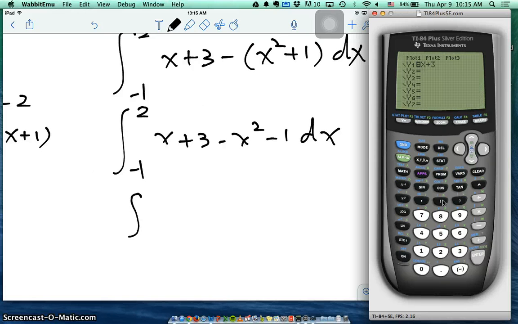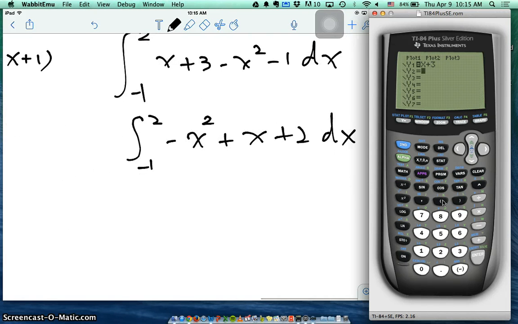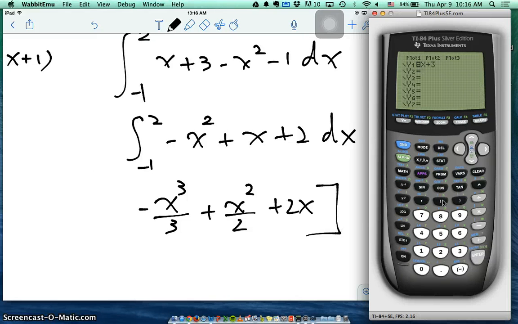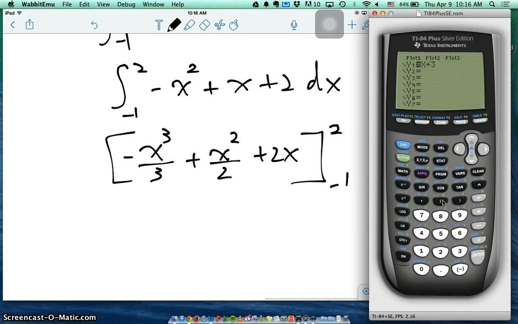This one's fairly easy integration to do. We can separate them into different components, and the integral would be negative x to the third power divided by 3, plus x squared divided by 2, plus 2x, all in that bracket.